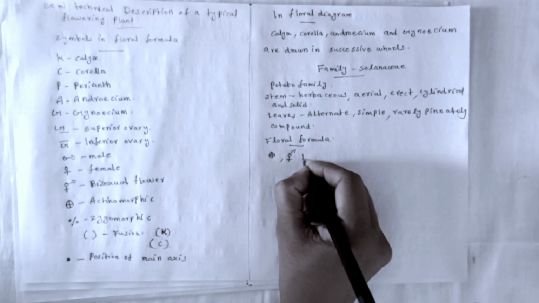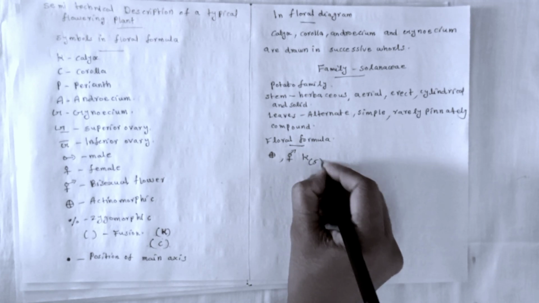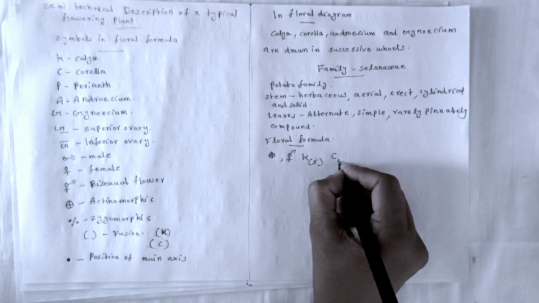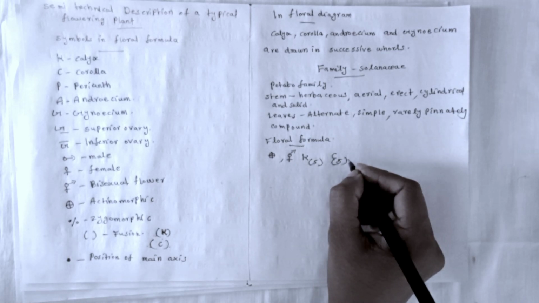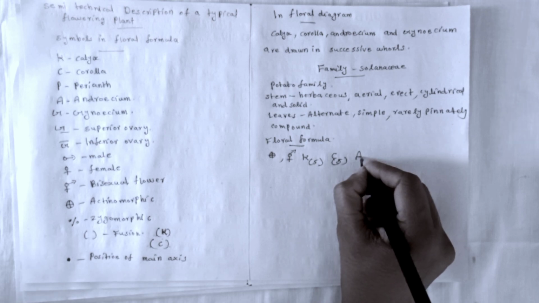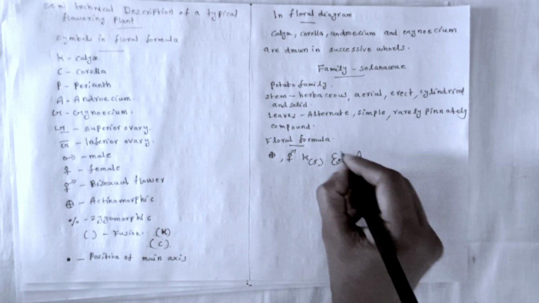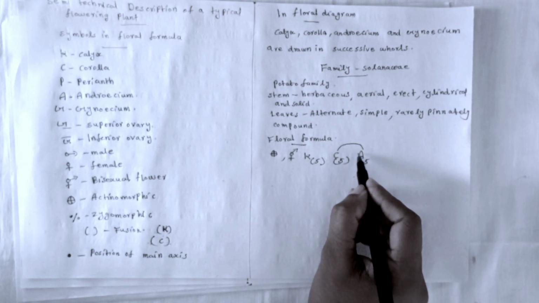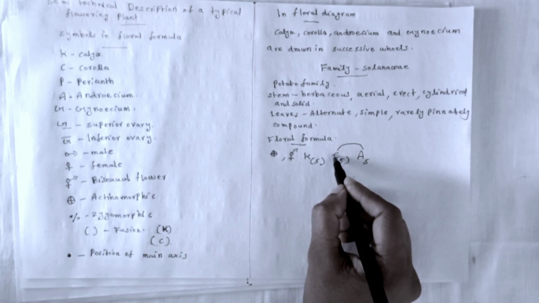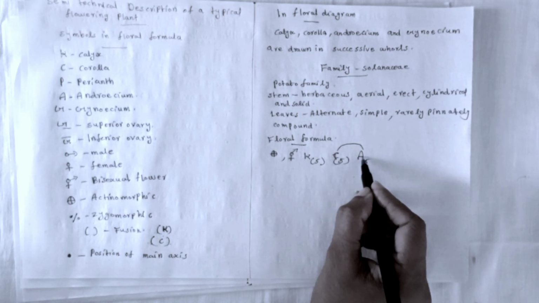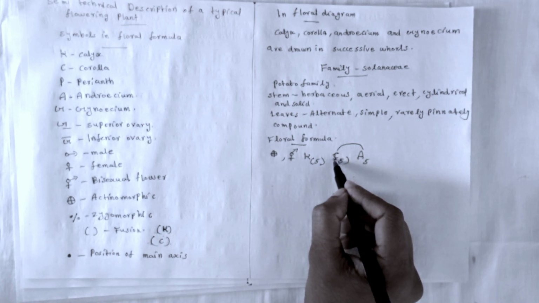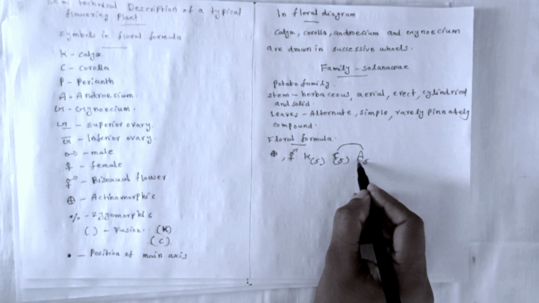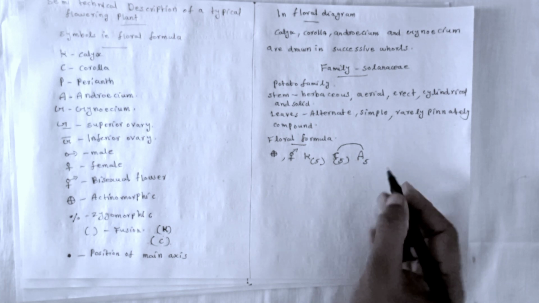Then sepals 5 fused, petals 5 fused, stamens 5 epipetalous. That means stamens are attached on the petals. Such stamens are known as epipetalous stamens.